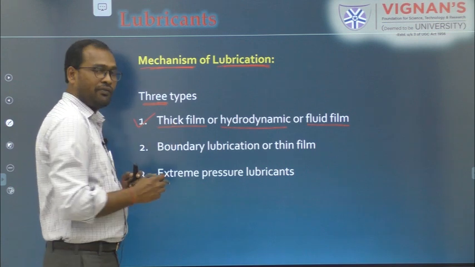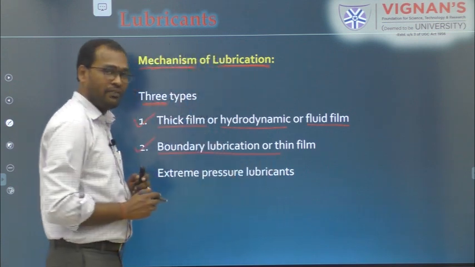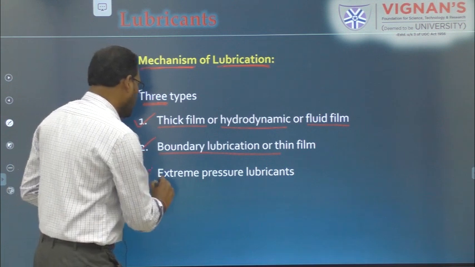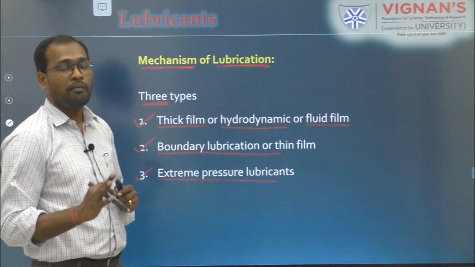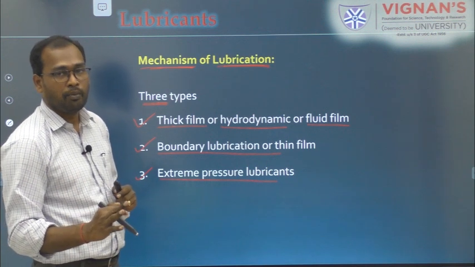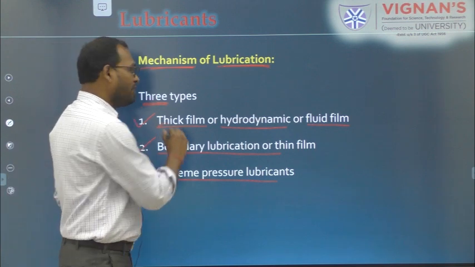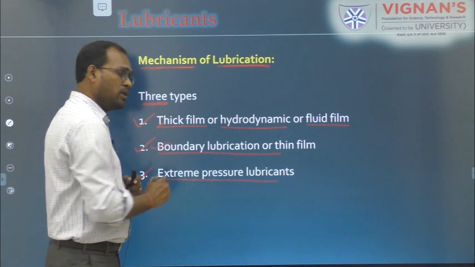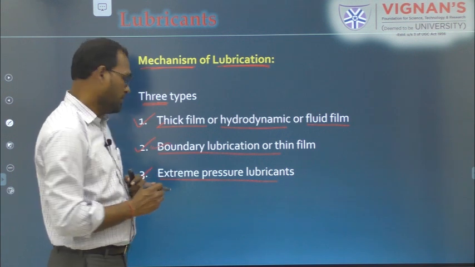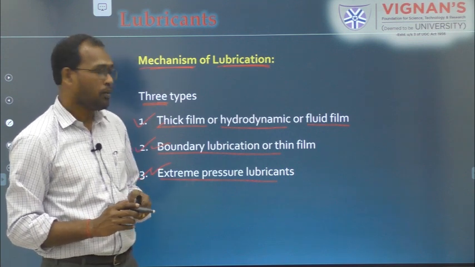So one is thick film, second one is boundary lubrication or thin film, and third one is extreme pressure lubricants, right. These are the three different types of mechanisms which have been proposed for this lubricating property. We will see one by one, right.